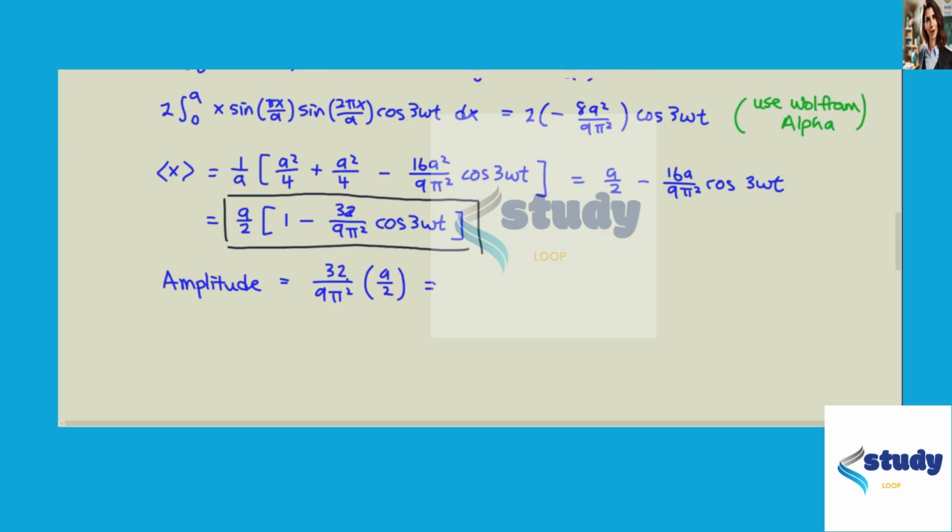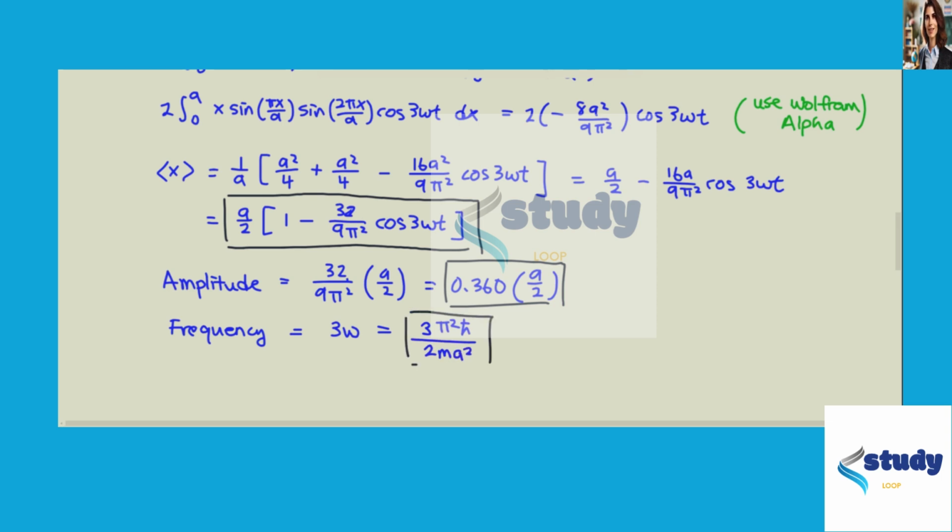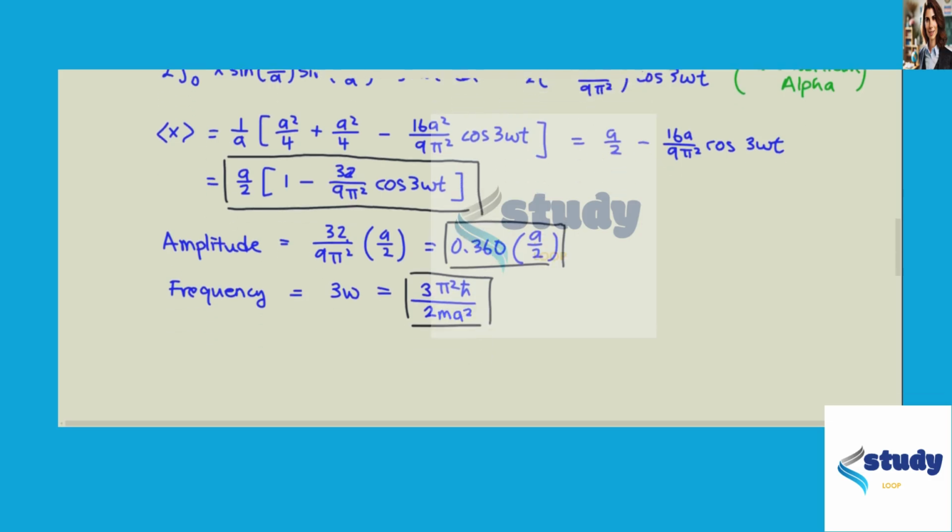You can use your calculator, you get 0.360 times a over 2. And then the frequency is equal to 3 omega, which is 3 pi squared h bar divided by 2ma squared. Next we want to find the expectation value of the momentum.